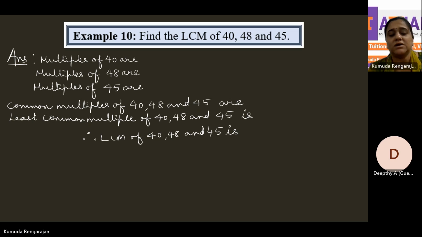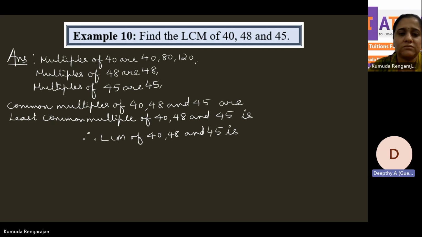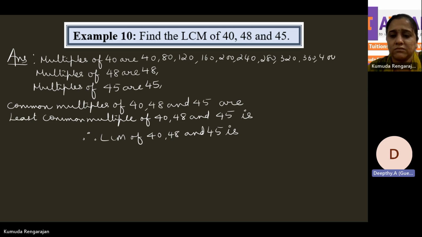Deepthi, read out your answer. Multiples of 40 are? I'm still working on it because I have to write a lot of multiples. But for now, multiples of 40 are 40, 80, 120, 160, 200, 240, 280, 320, 360, 400, 440, 480, 520, 560, and I'm still writing.